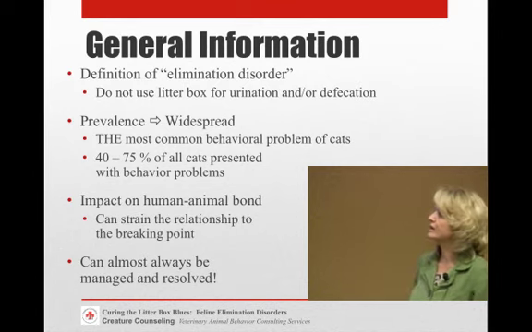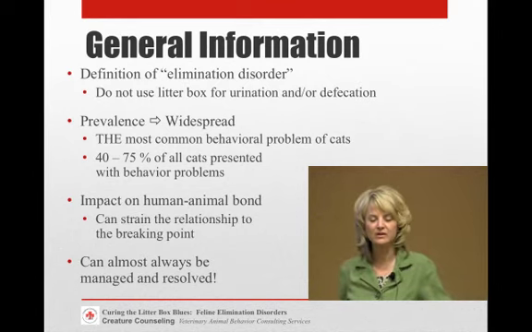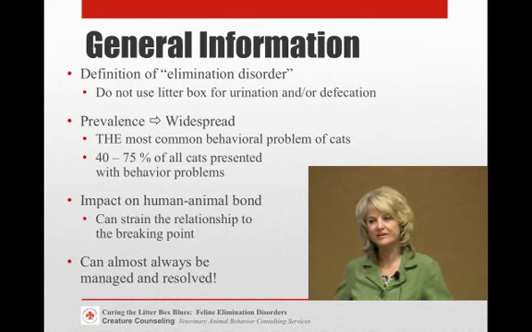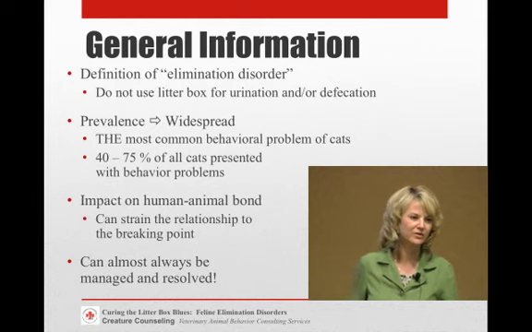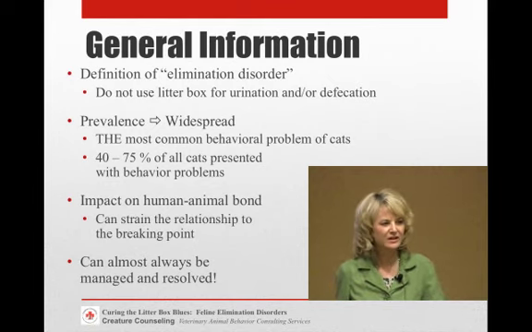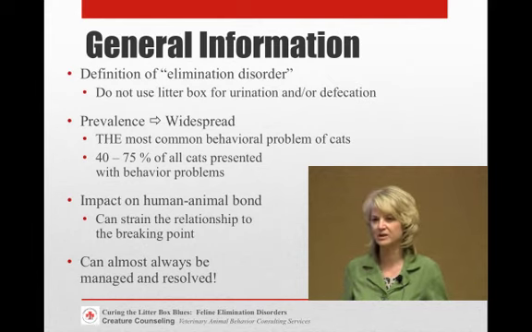And again, it almost always can be resolved, and it does obviously affect the human-animal bond. And that's why you're seeing so many animals surrendered for this. And what a tragedy that is, because this is probably the most common behavior problem that we can address and resolve. So.